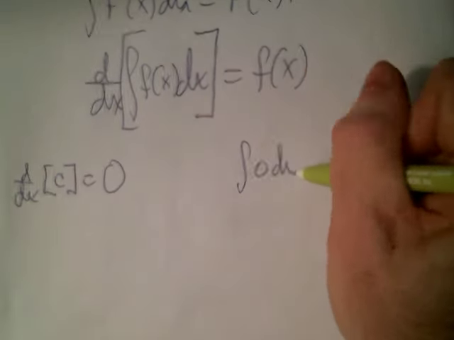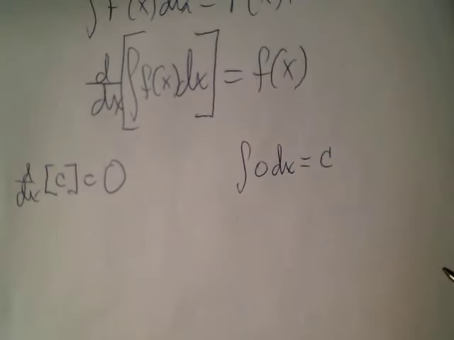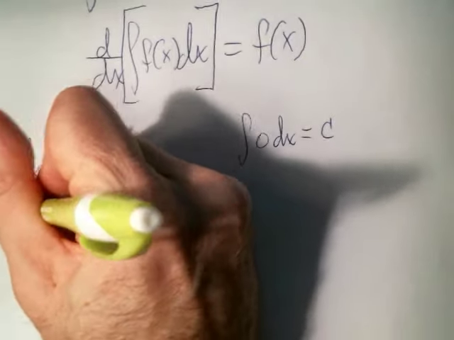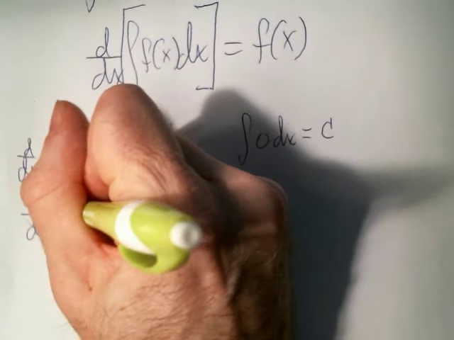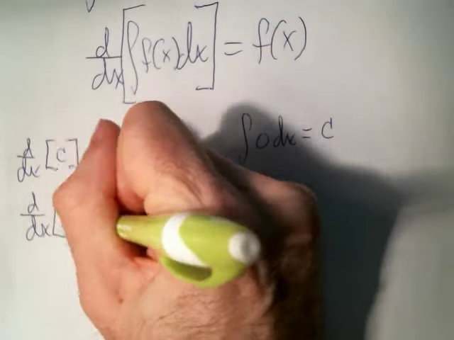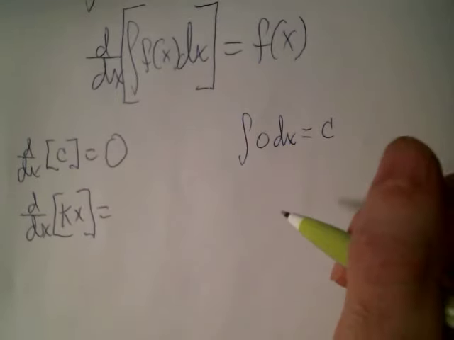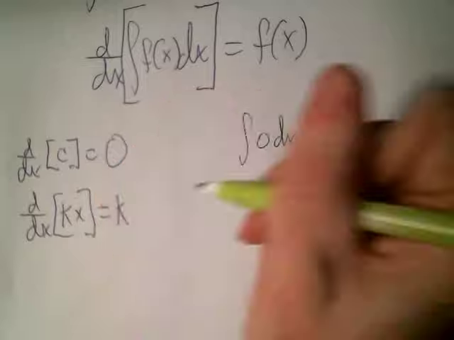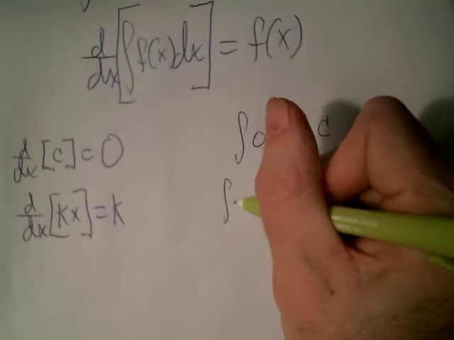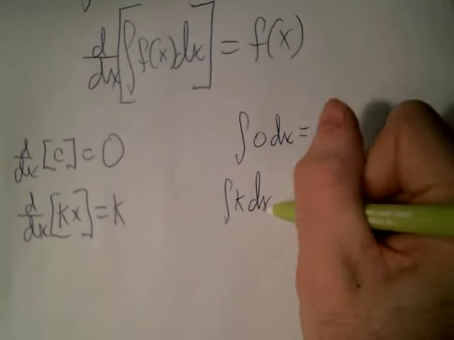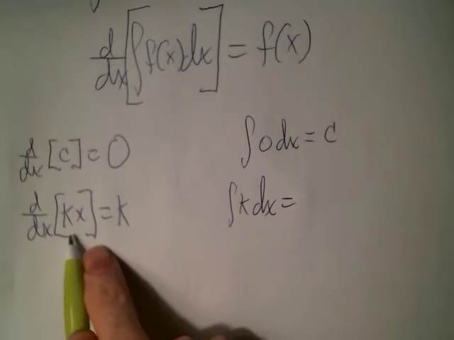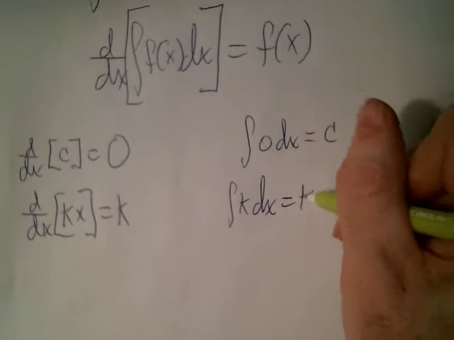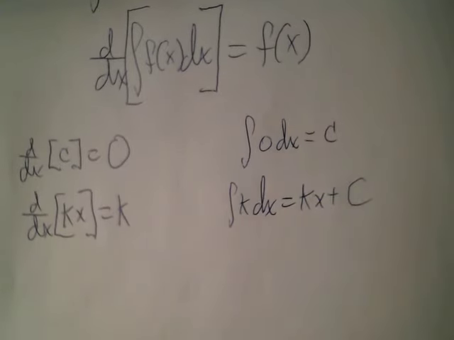The integral of 0 with respect to x is equal to a constant. The derivative of any constant times x. The derivative of 5x is 5. The derivative of kx is k. So the integral of k is just going to pop you back over onto the other side. It's kx plus c.